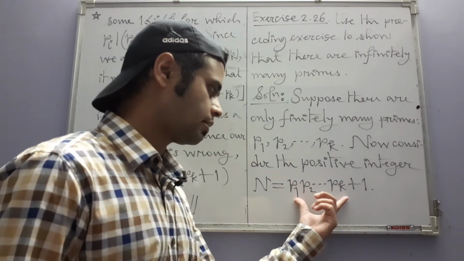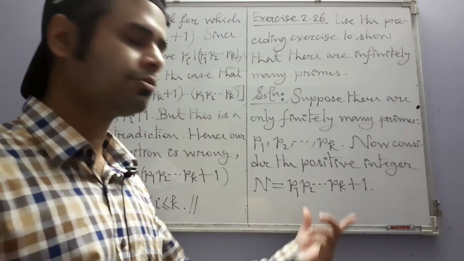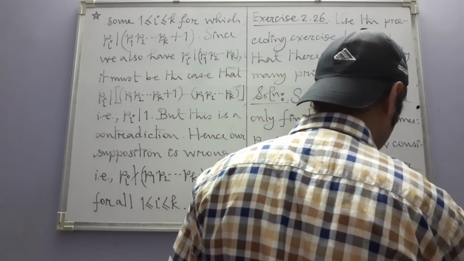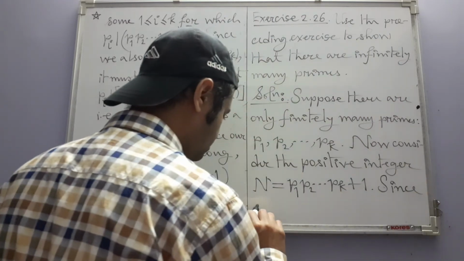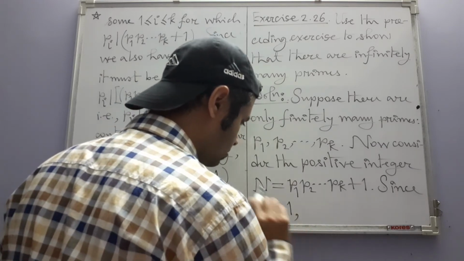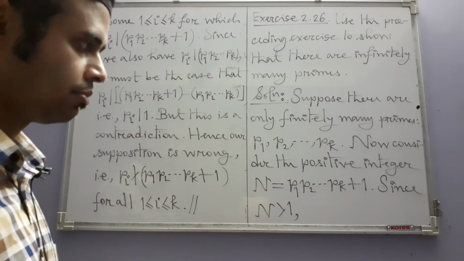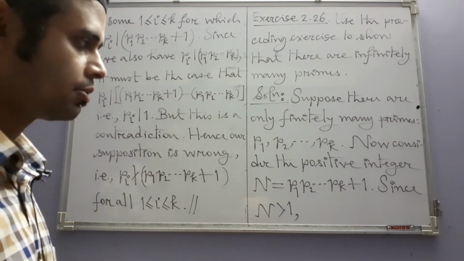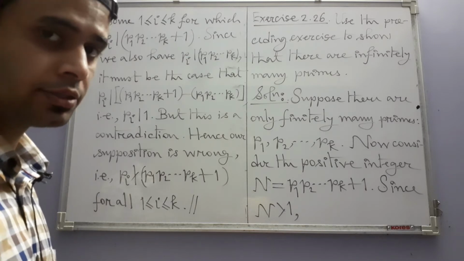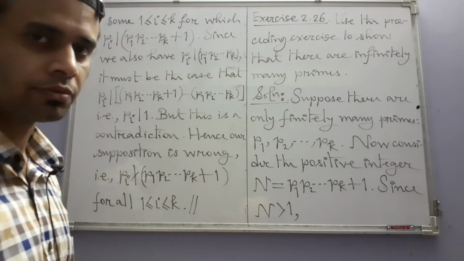It's clear that n is greater than 1 because this integer itself is a positive integer. Since n is greater than 1, so if we have a positive integer greater than 1, then the fundamental theorem of arithmetic tells us that it is divisible by at least one prime. Any such integer has some prime factor.